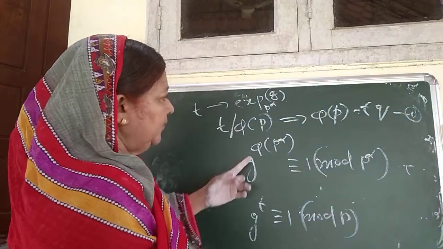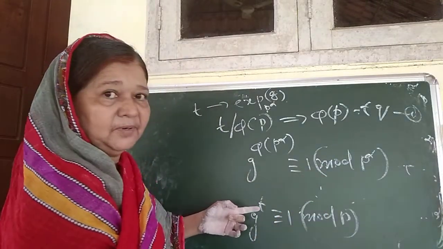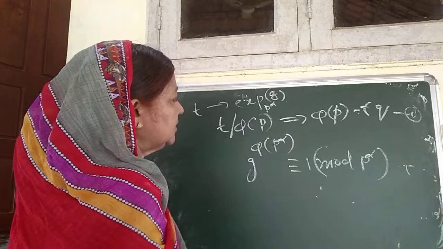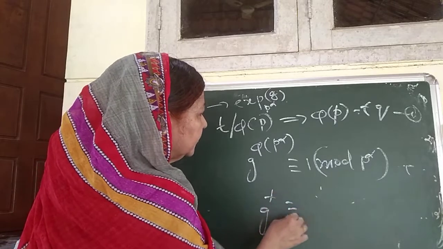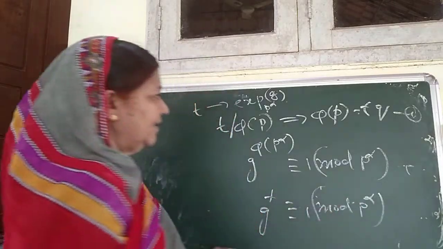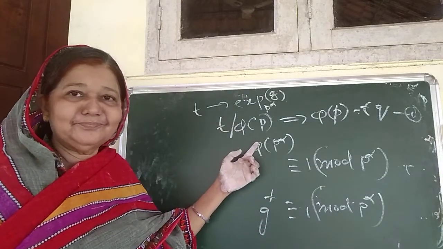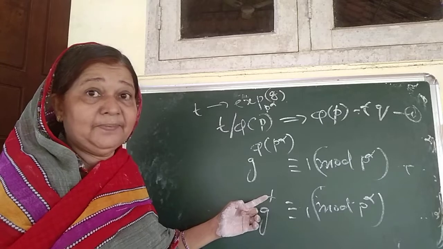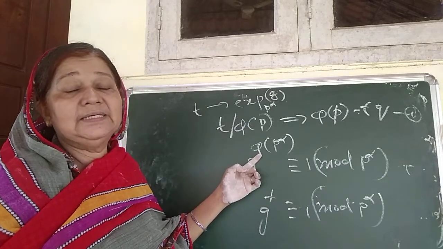We have p raised to alpha and t. What about this? t is the least. Also g raised to t is congruent to 1 mod p raised to alpha. Here, t is the exponent. Exponent means least number. It is by Euler's theorem.